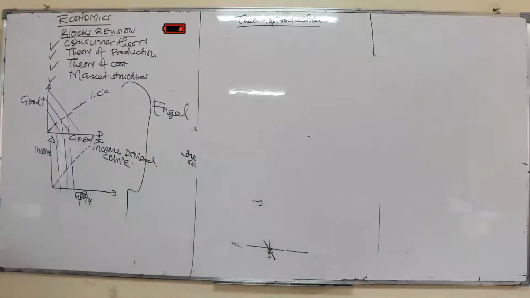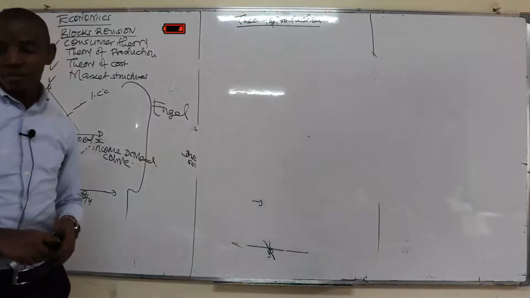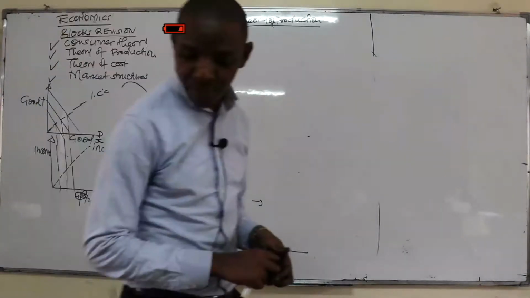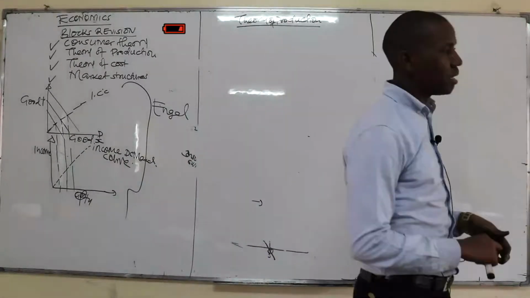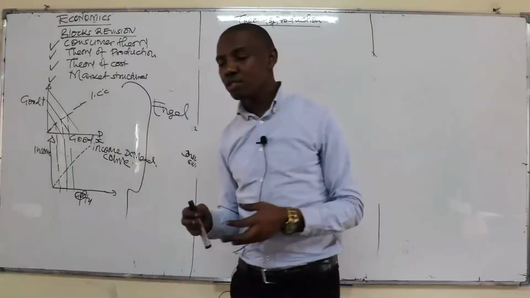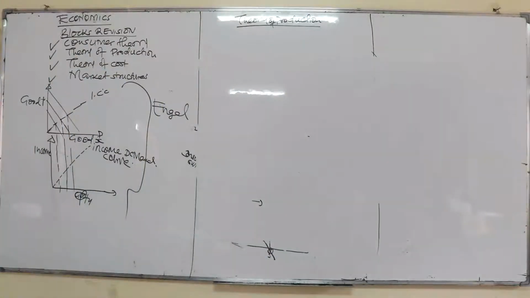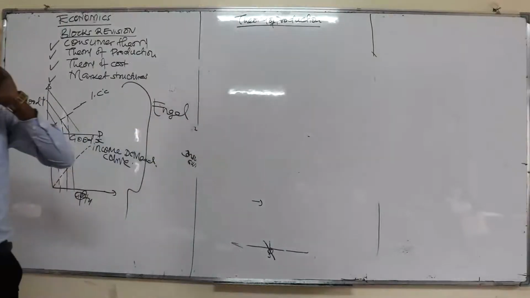So for the isoquants, you need to understand the properties of isoquants, which are the same as the properties of indifference curves. And then on the isocost line, you also need to understand it, which in that case you have to relate to what we call the budget line.